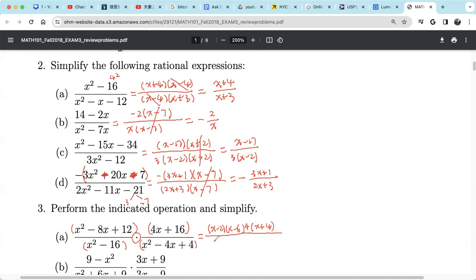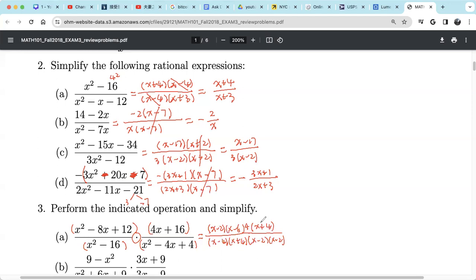Denominator, x squared minus 16 is a difference of two squares. That's x minus 4 times x plus 4. And x squared minus 4x plus 4 is x minus 2 times x minus 2, which you can write as x minus 2 squared.